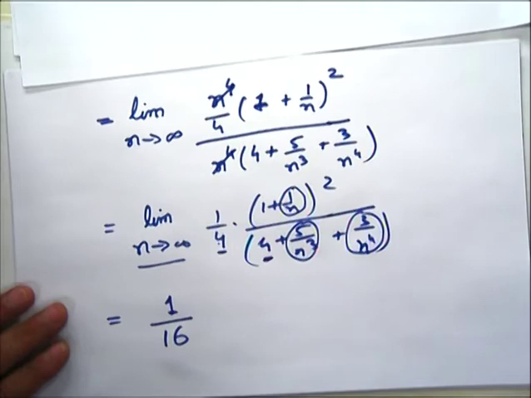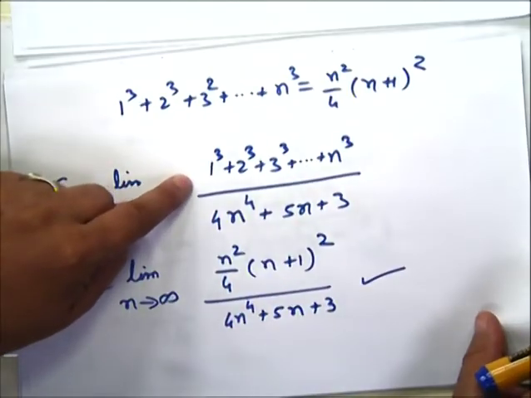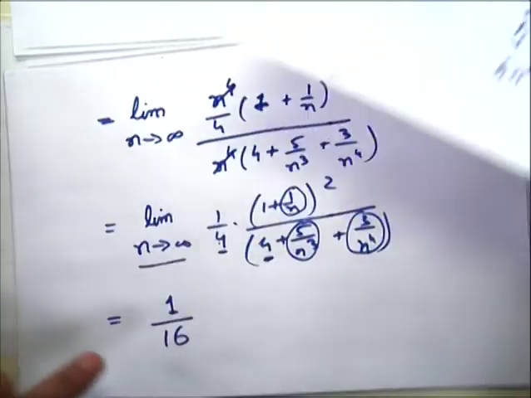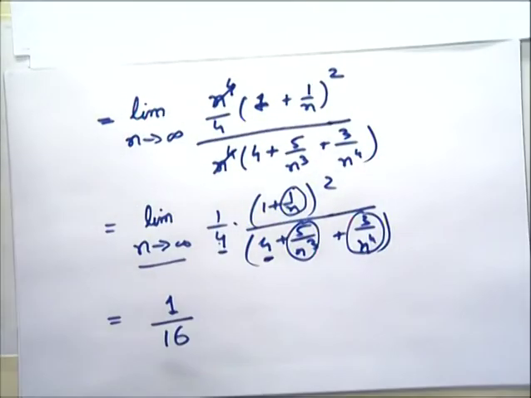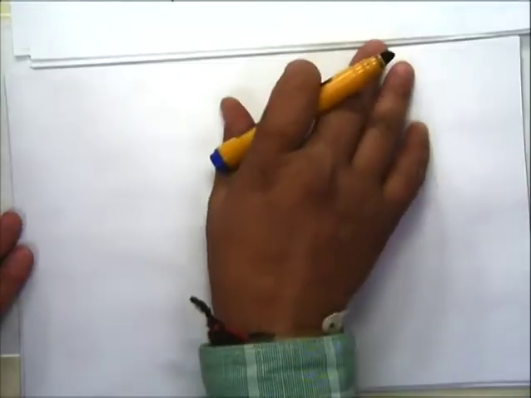So the limit of this expression or function is 1 upon 16. Hope, my dear friends, that you have understood these 3 sequences, and now it is very easy to remember.